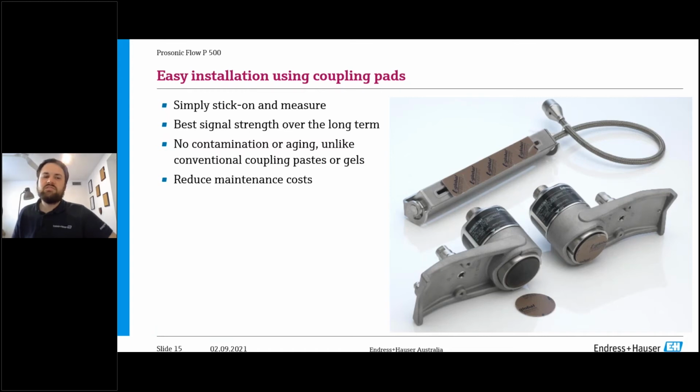Because of this, you reduce your maintenance costs and your inspection on the installation site as well. So if you're looking at remote installations where you need a long-term solution, these coupling pads in conjunction with heartbeat technology mean that you can monitor the installation from a remote location and you don't have to inspect it all the time.